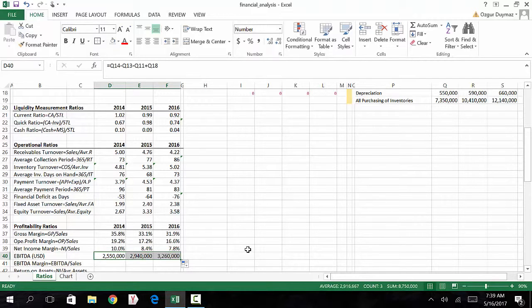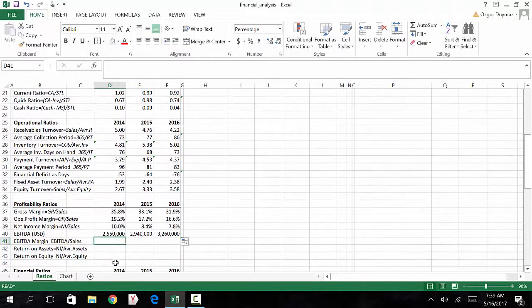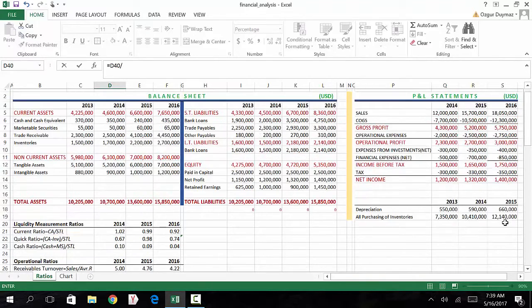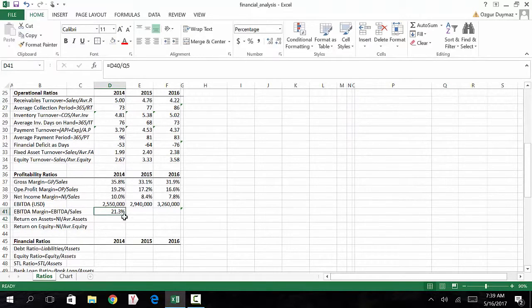It's slightly increasing, but looking at the EBITDA margin, EBITDA divided by sales, we will see the profitability. Unfortunately, it's decreasing.